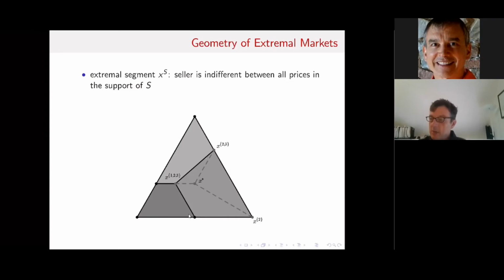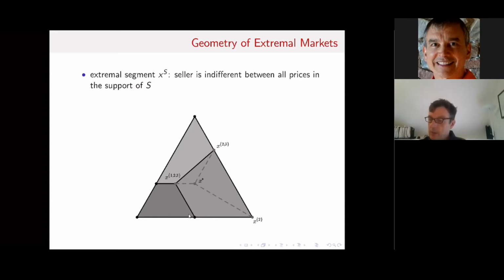These are boundary points of the simplex, and they are boundary points where the seller is indifferent between charging any prices that are in the support.